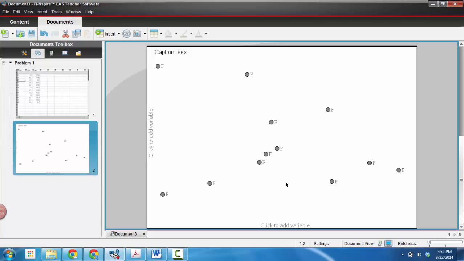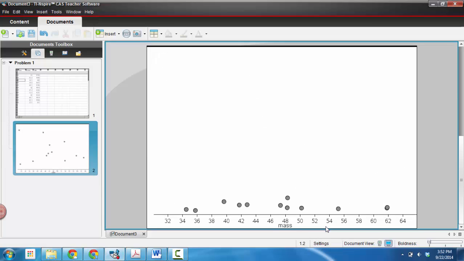So the first thing is we need to know which one of our variables is going to be the explanatory variable, or if you want to think about it as the independent variable of a function. That variable is going to be mass, because we're saying that their metabolic rate is dependent upon the mass that they are.